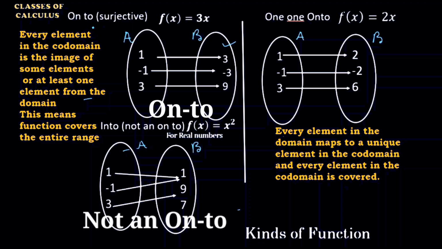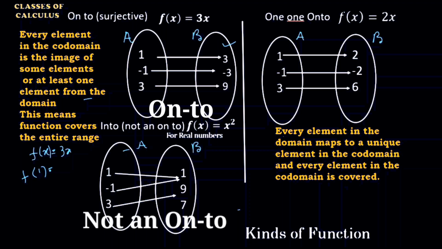So if you take an example, you have f(x) equal to 3x, and your input values are 1, -1 and 3.